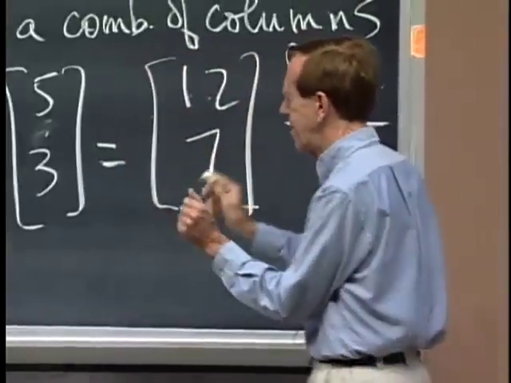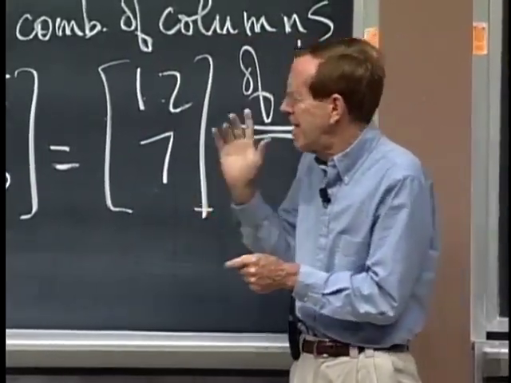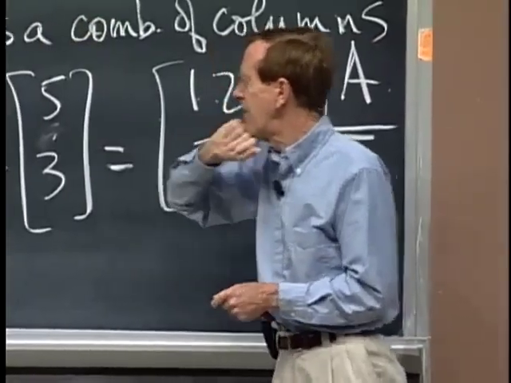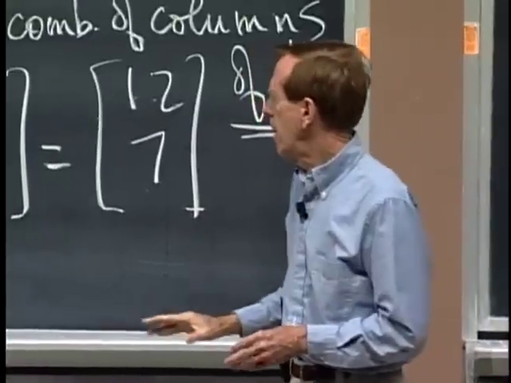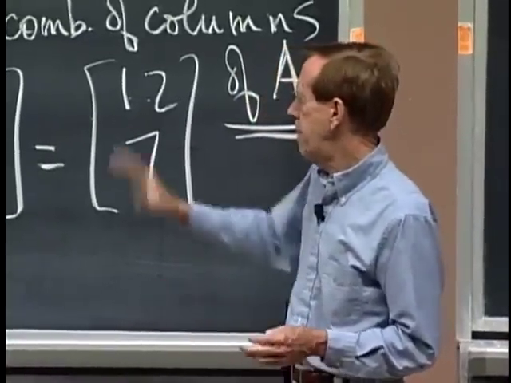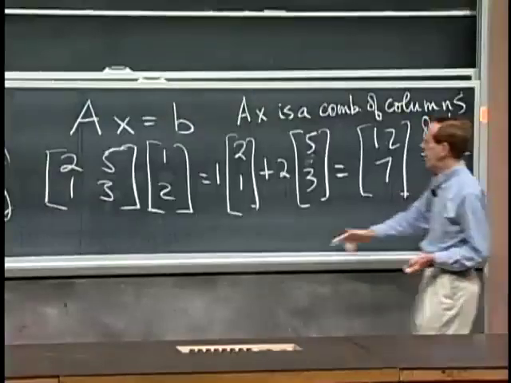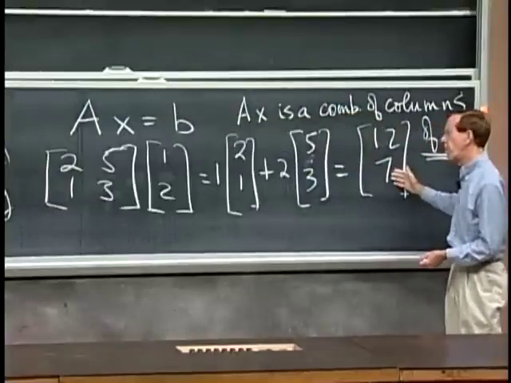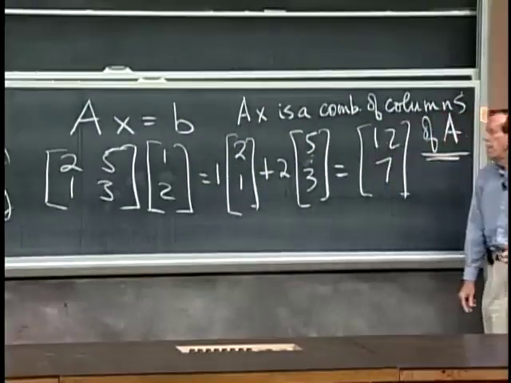Right now with small ones, we can always do it in different ways, but later think of it that way. Okay, so that's the picture for a 2x2 system. And if the right-hand side B happened to be 12, 7, then of course the correct solution would be 1, 2.